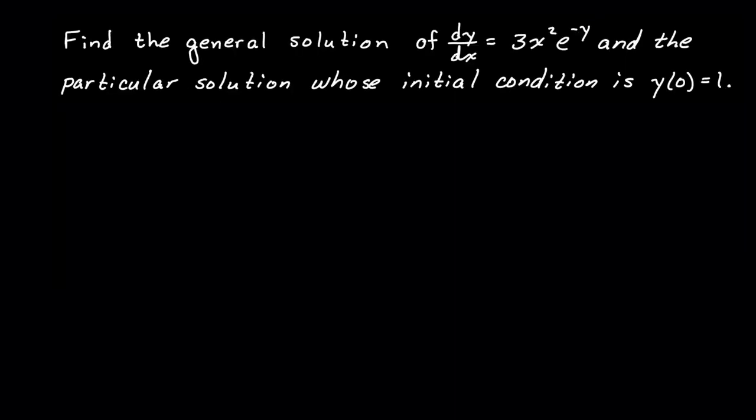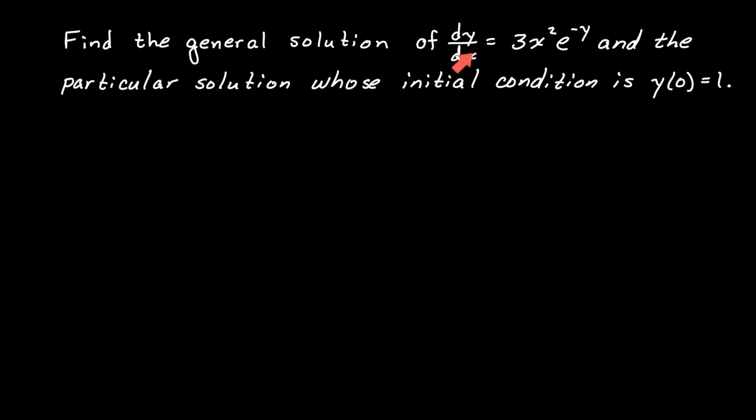So we're going to find the general solution of dy/dx. Once again, this is a differential equation because this is the equation of a derivative. And the particular solution, whose initial condition is y of 0 equals 1. This is a point that is on our original function y.